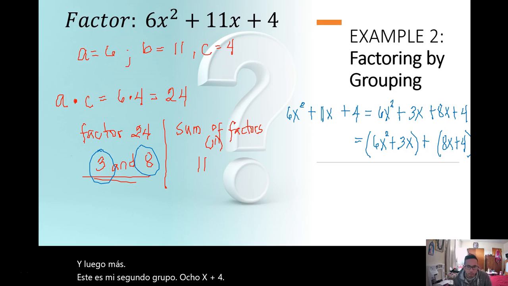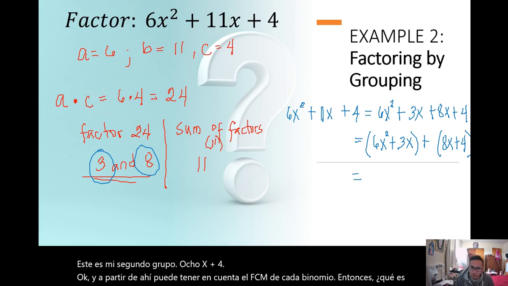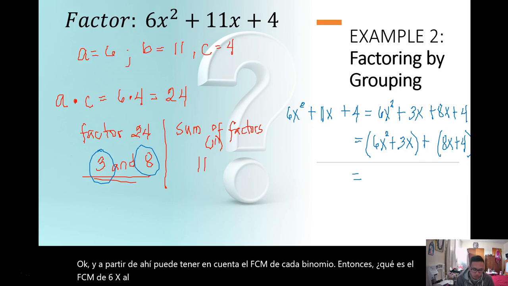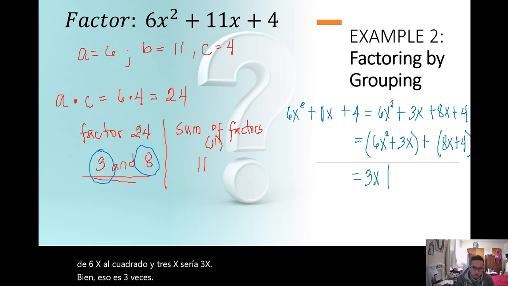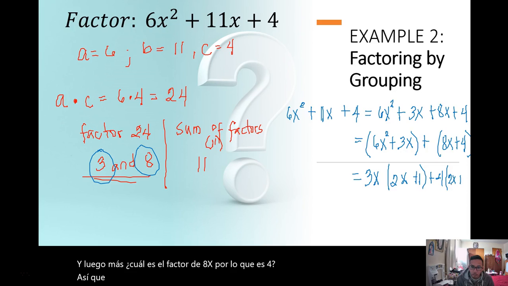Okay, and then from there you can factor out the GCF of each group. The GCF of 6x squared and 3x is 3x, and then 2x plus 1, and then plus, what is the factor of 8x plus 4? It's 4, so this is 2x plus 1.